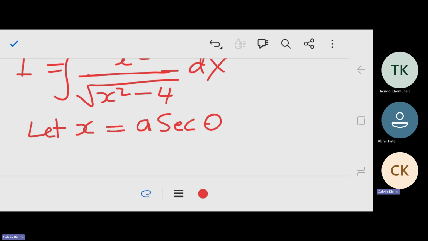So what is it that you want to get? What is under the square root, x squared minus 4.